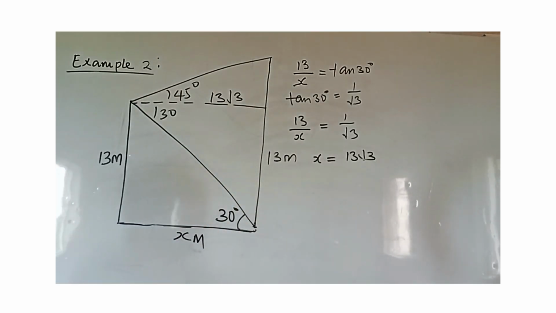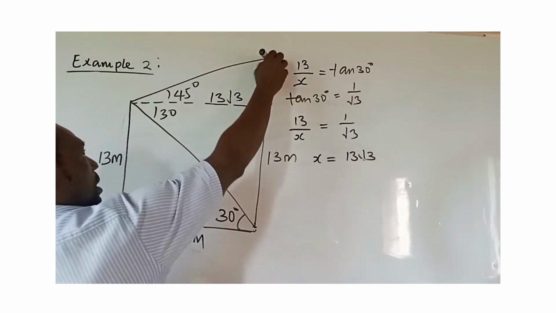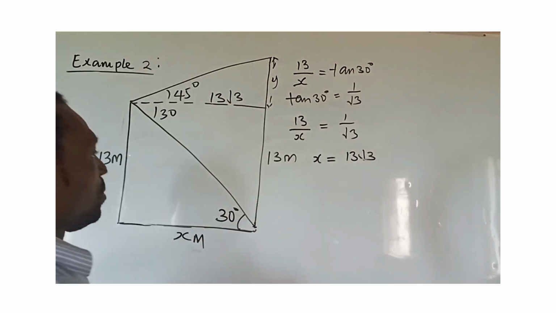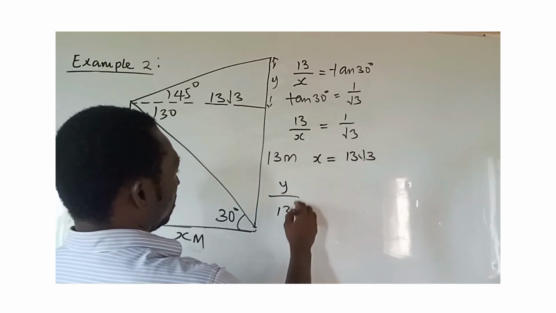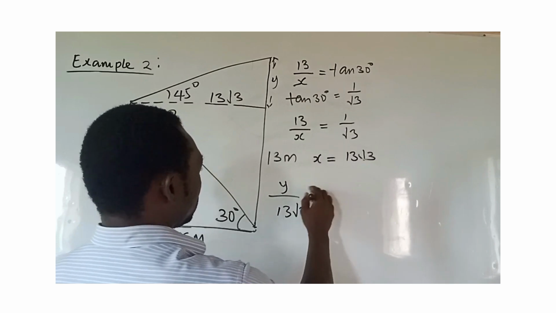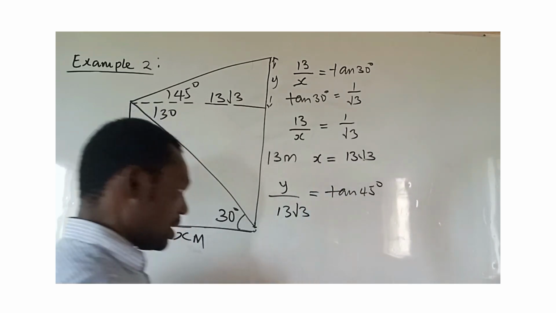Now with the 13 root 3, we can find the value of y. Let's call it y. For us to find y, we use y all over 13 root 3, which is the opposite over adjacent, is equal to tan 45 degrees.